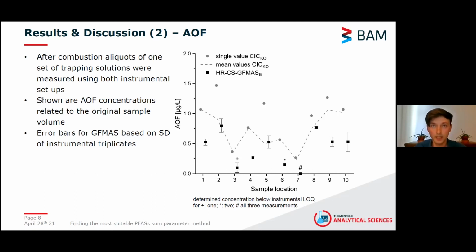It might be that also the instrumental setups show this preference in the composition of the different PFAS. But for now, we can state that both instrumental setups show similar results for both parameters, but are the parameters comparable to each other?